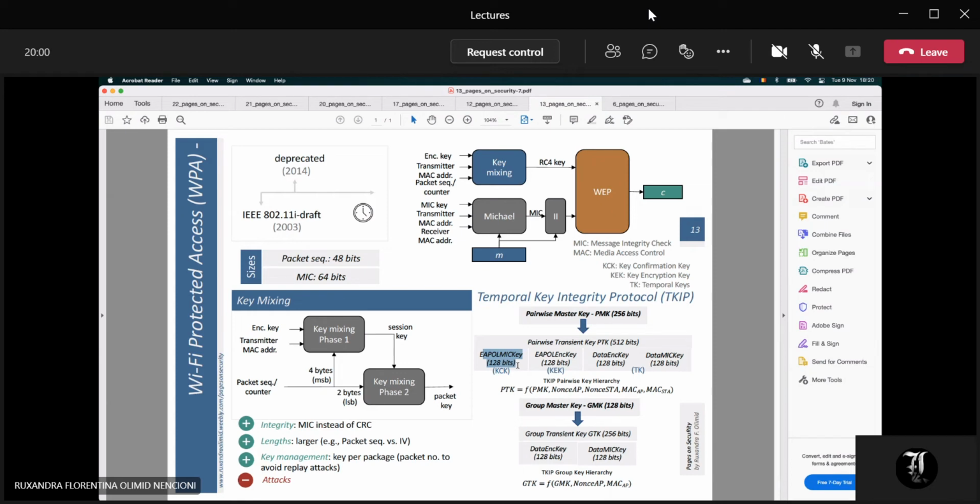But anyway, even if I consider these two in the same PTK and they can be 25, the GTK is definitely different. For sure I have it because I might have broadcast communication, so I need another one. At least one, but we know there are more.